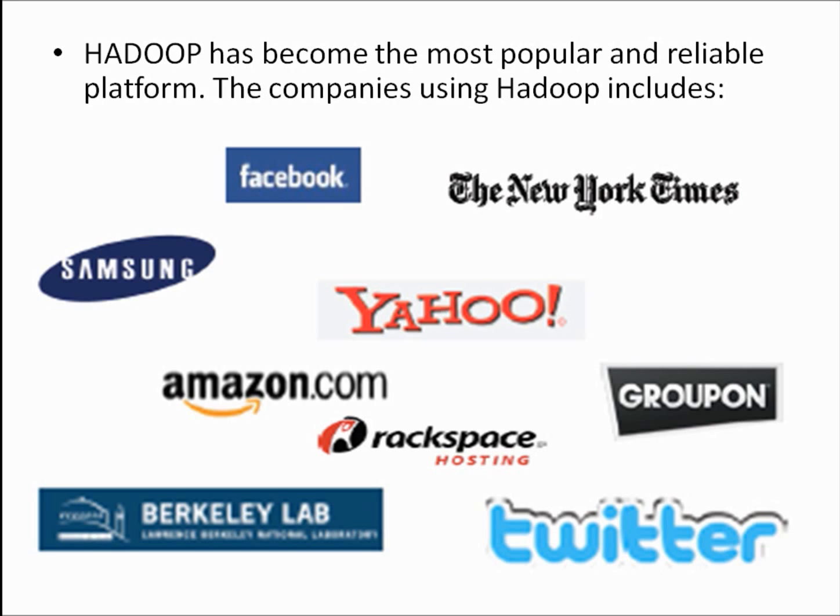Every day there are huge exabytes of data being worked on at Facebook. Other companies like Samsung, New York Times, Amazon, the biggest e-commerce website, Groupon, the offers website, and Twitter. These are a few of the thousands of companies who are using Hadoop efficiently, and they are very happy with the performance.